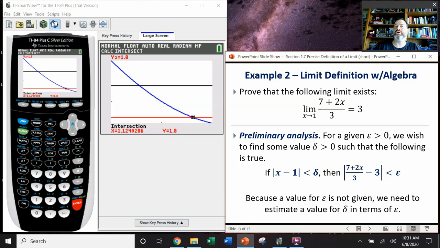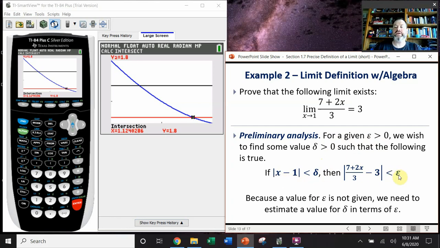It's kind of a long process. It's not super difficult algebraically, but you have to really follow along with where we're at. So this is what we're trying to do, right? For a given epsilon, we wish to find some delta. It just has to exist such that, and this is our precise value of the limit, right?